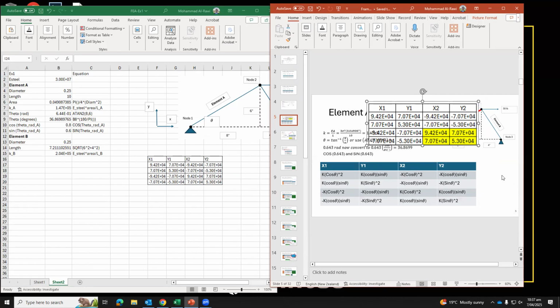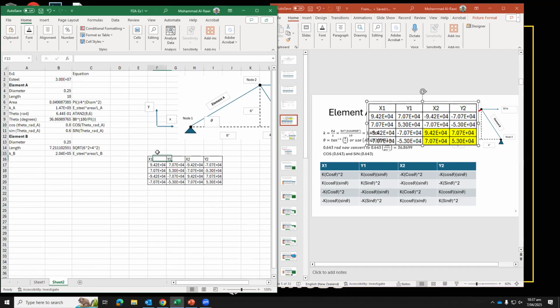And again, because it's a matrix, it's following the same, we're not changing. Technically we have either the 9.42 or the 7.07. There are two values for the components, x and y, x and y, x and y. And then we are distributing them based on that 4 times 4 global matrix, and we can determine the values for them. So that is technically the first one for what we call element A.